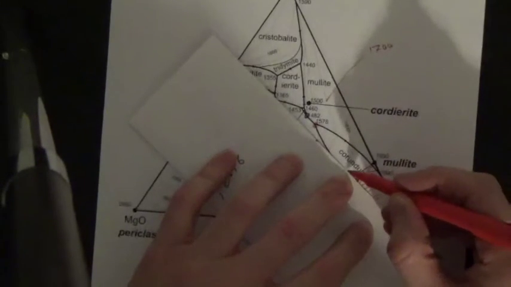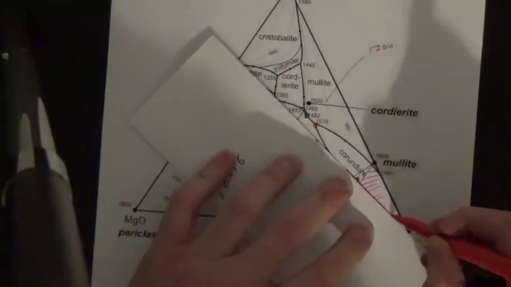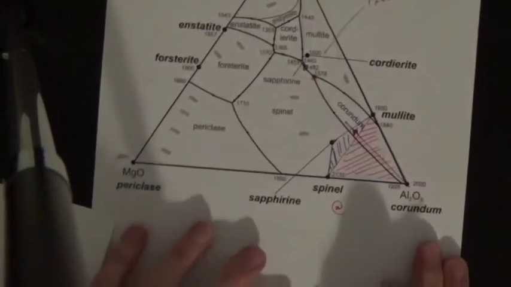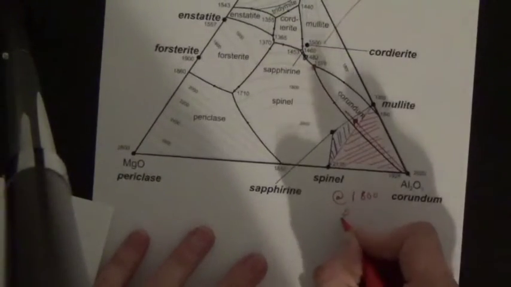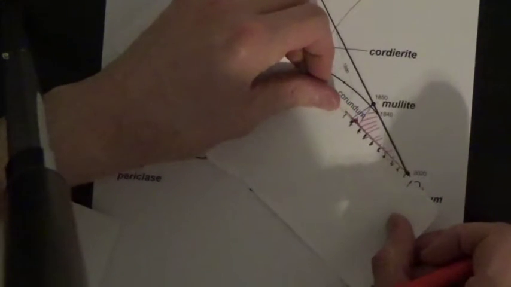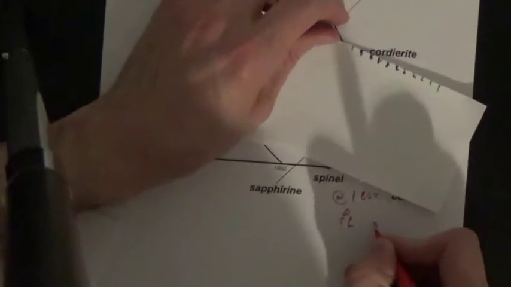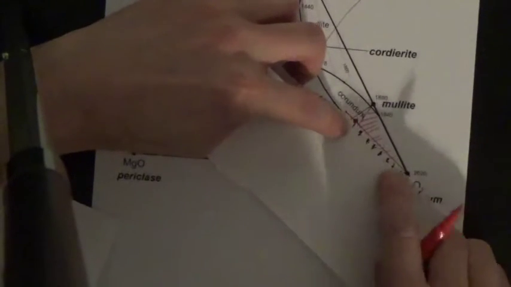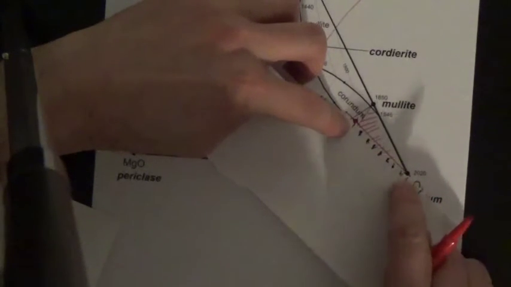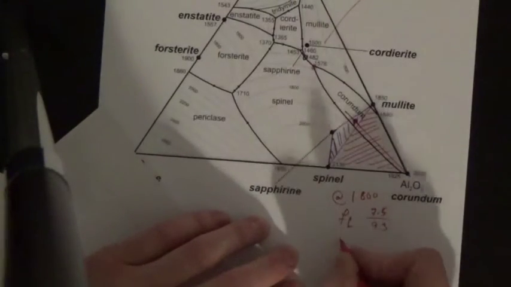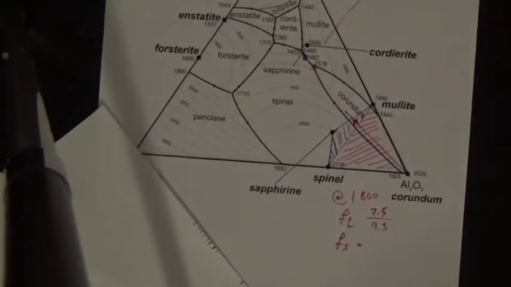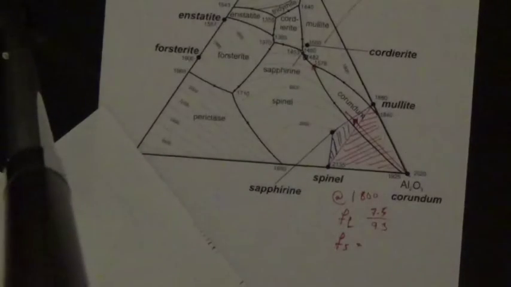So at some point, say at 1800, the fraction of liquid is maybe about 9.3, and the fraction of liquid here is going to be 1, 2, 3, 4, 5, 6, 7, about 7.5, and the fraction of solid is going to be what, 2.8.